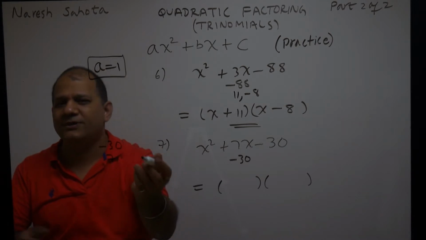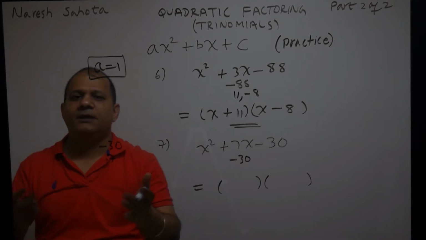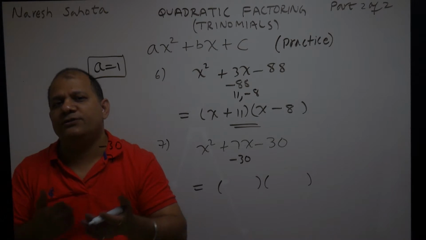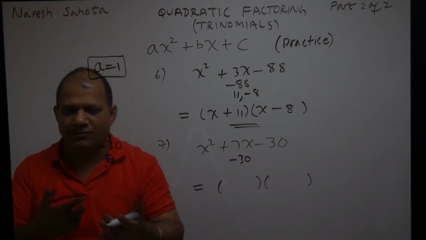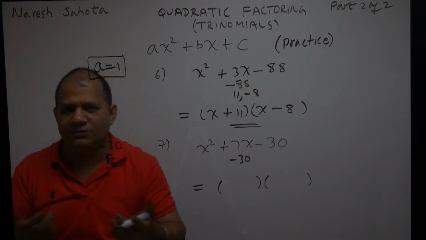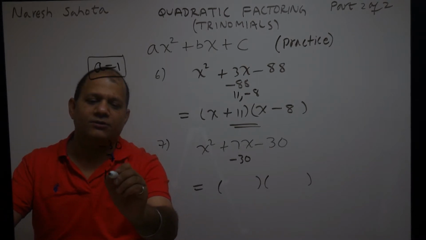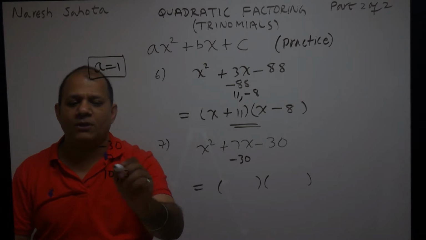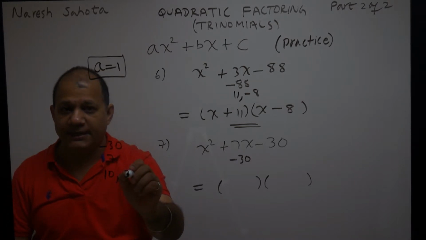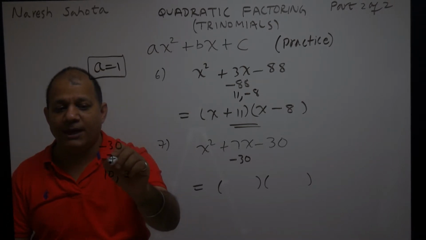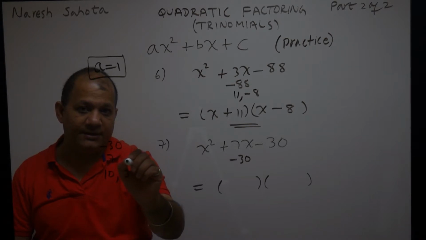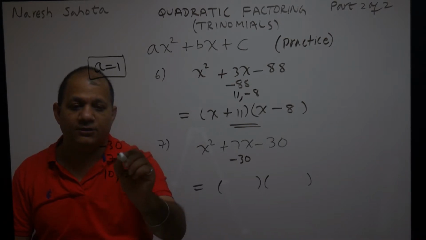So there you go. 15 times 2, I could have tried that, but 15 and 2 are 13 units apart, right? 15 take away 2 is 13, or 15 plus 2 is 17. But I want something that is 7 units apart. So 10 times 3. One of them has to be negative, but when I add them I want a positive number. So again, the negative should go on the smaller number.